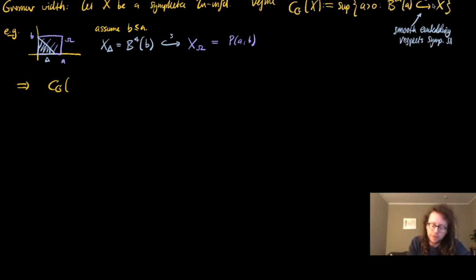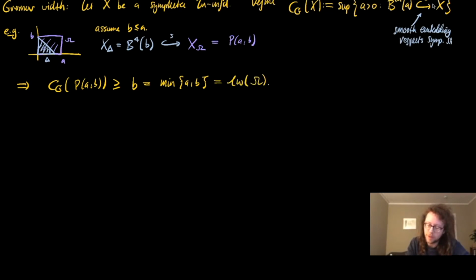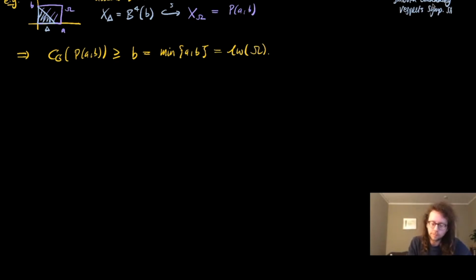And so it shows that c_G of the polydisk is at least b, which by my assumption that b is less than or equal to a, is the min of a and b, which in this case is the lattice width of omega. Okay, so I haven't computed the Gromov width of the polydisk yet.